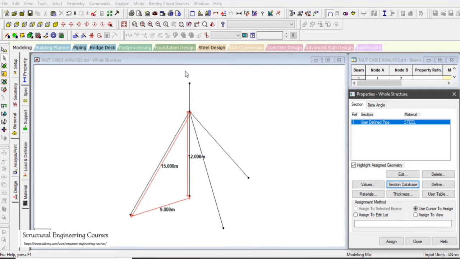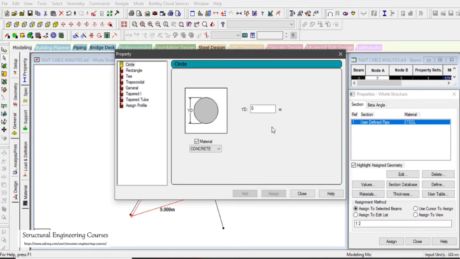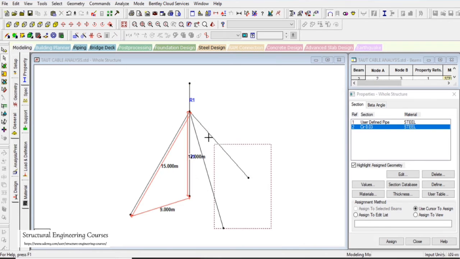So left click on add here. After that we can go to define and circle and select the diameter of the wire as, let us suppose, 30 mm. So we shall enter y as 0.03 here, and then we can select all these wires here.